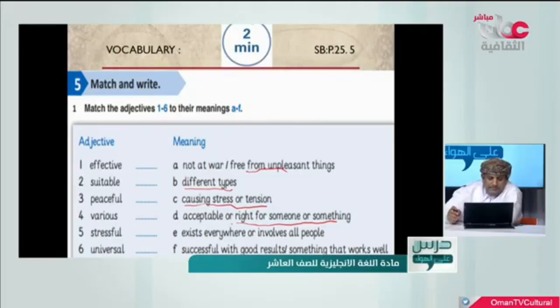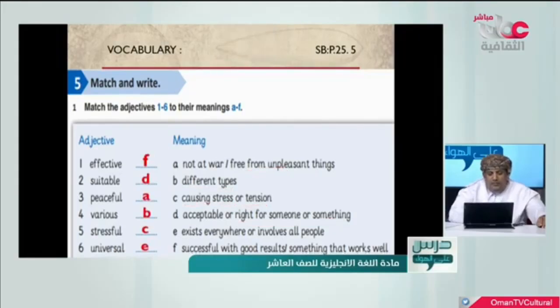Have you finished? Now let's check your work here. Okay, so the word effective means successful with good results, something that works well. This is the meaning of effective. Suitable means acceptable or right for someone or something.